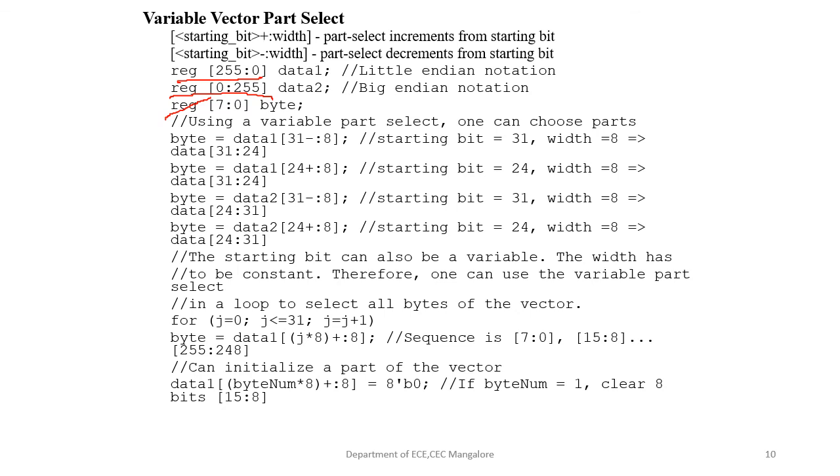And register [7:0]. The important thing here is 31 minus 8. In C or C++ you also have i plus plus, i minus minus. 31 minus 8 means 24.